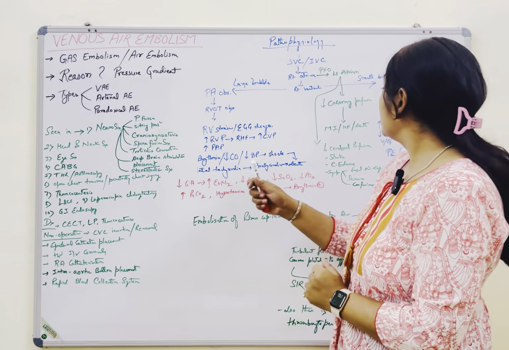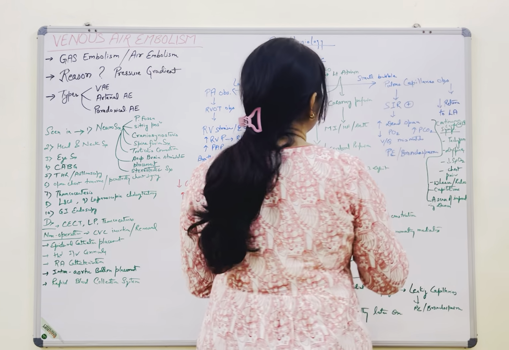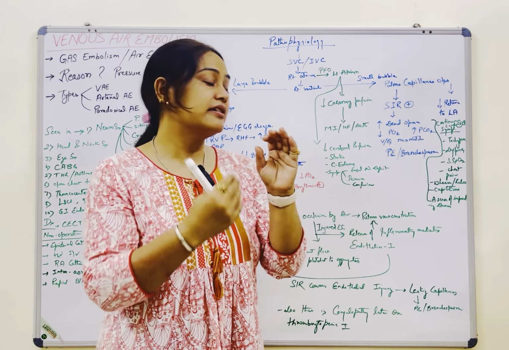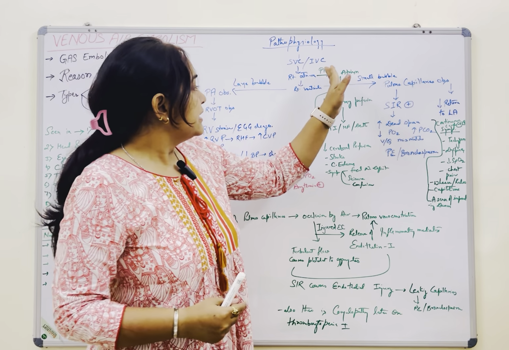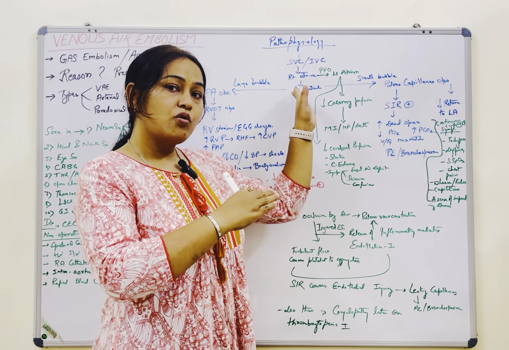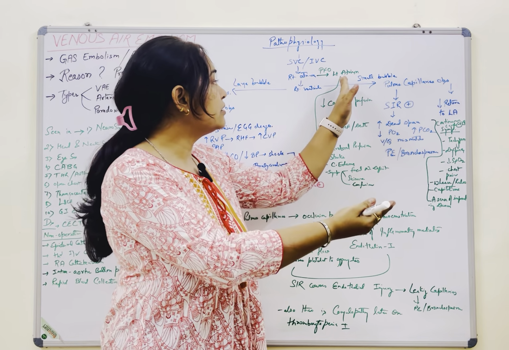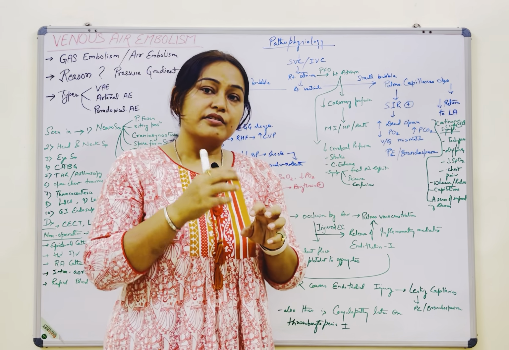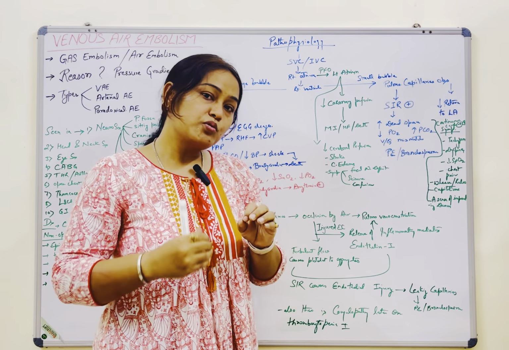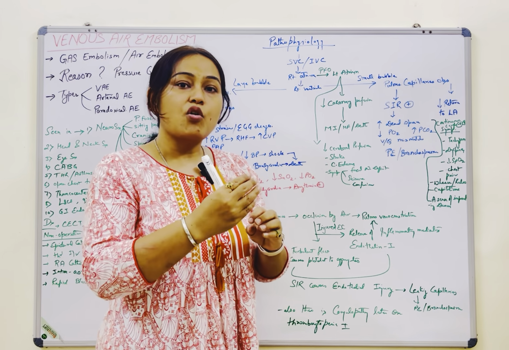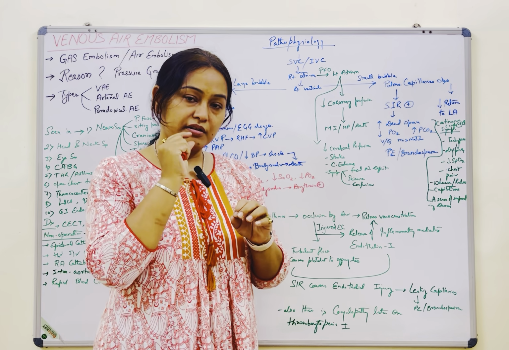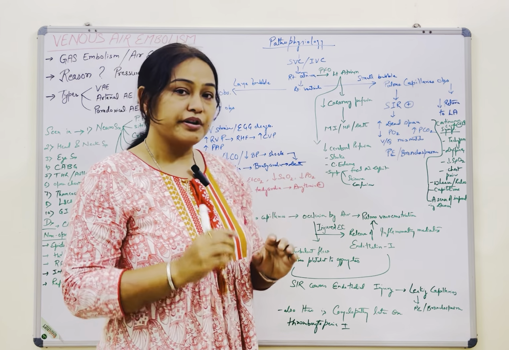And one more important thing: if the patient has a patent foramen ovale, meaning an interatrial connection, then what will happen? The blood will go from the right atrium to the left atrium. There is mixing of blood. So from the left atrium to the left ventricle, it will cause coronary blood flow obstruction, and that will cause coronary perfusion reduction.